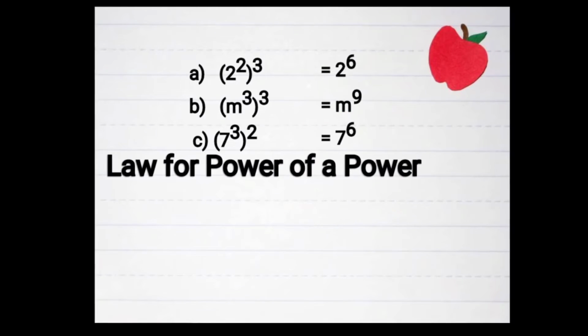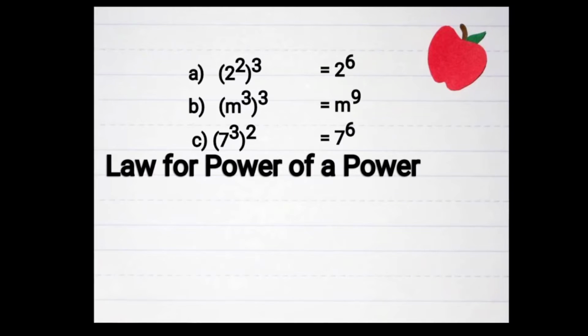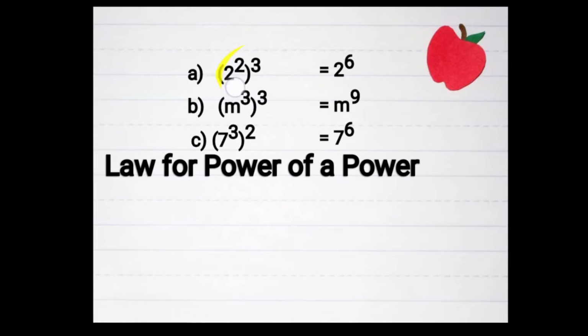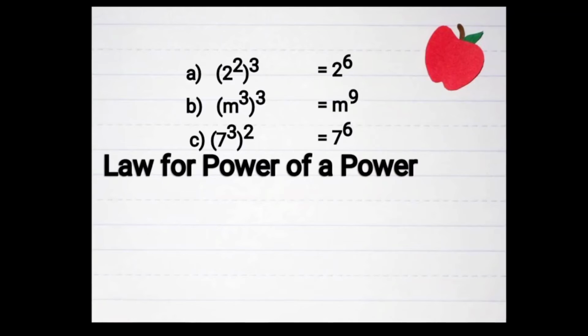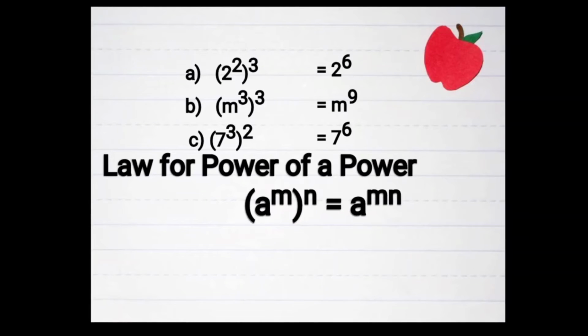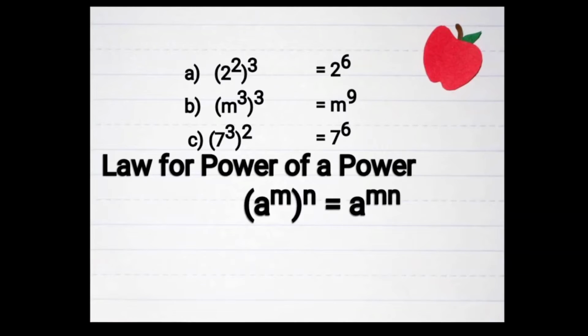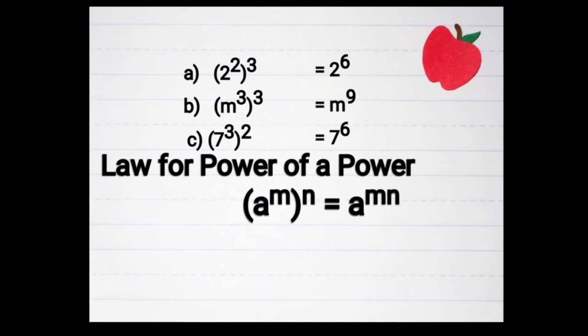So for our second law, we have the law for power of a power. Power of a power because we have an exponent inside the parentheses and an exponent outside the parentheses. That's why it is called power of a power. So in this case, for you to solve it, what you are going to do is multiply the outer power to the exponents inside the parentheses.